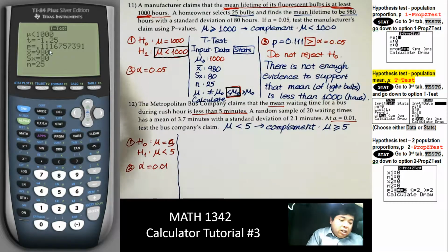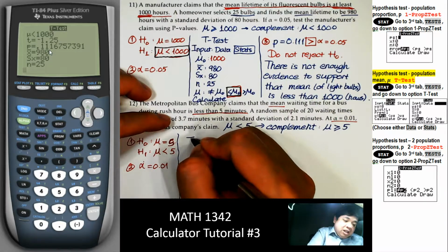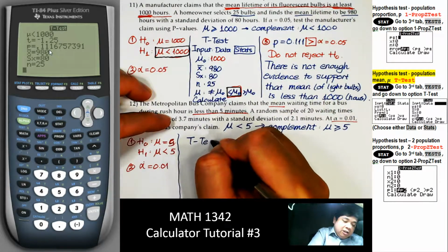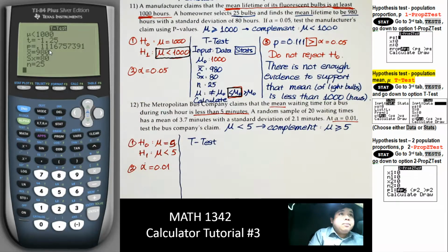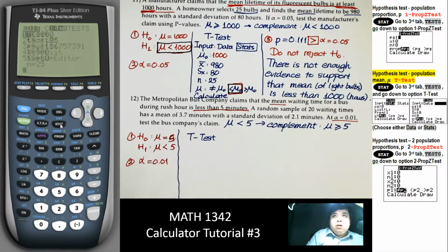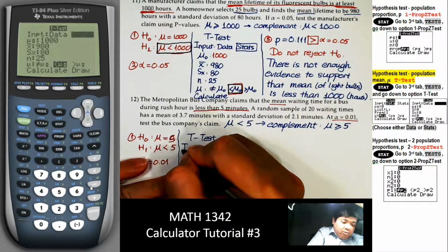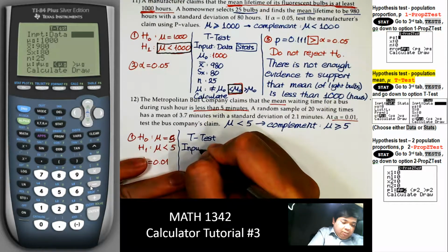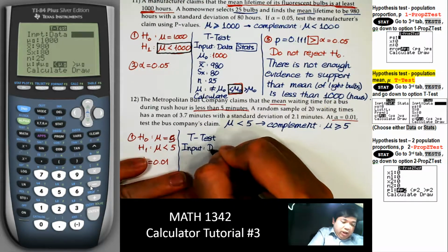Next, this has to do with the mean, so we use the t-test again. So again let's write out what we have on the menu.